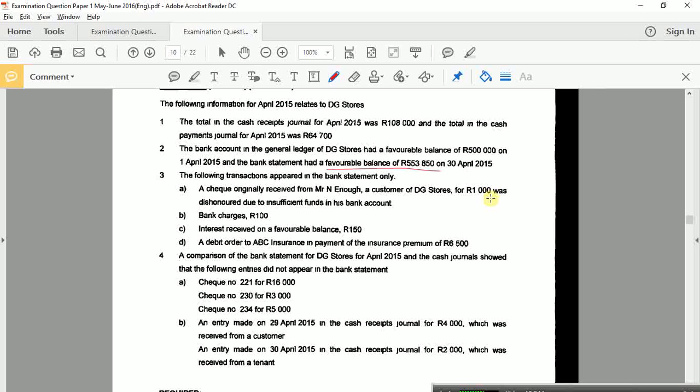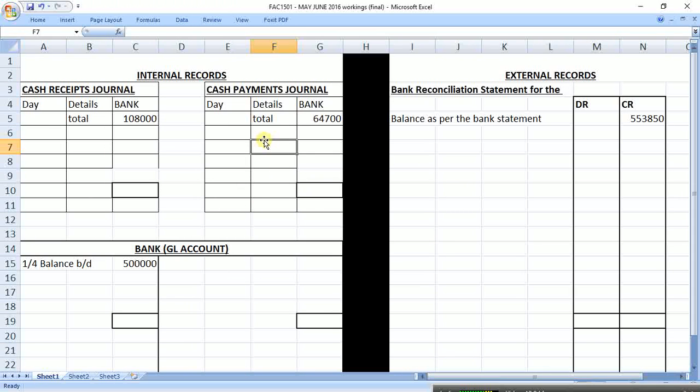A, what does A say? A check originally received from Mr. Enough, a customer of DG Stores, for 1,000 Rand was dishonored due to insufficient funds in his bank account. So we need to adjust, and we need to do it in the payments journal. Perfect. Okay, so cash payments, check RD.